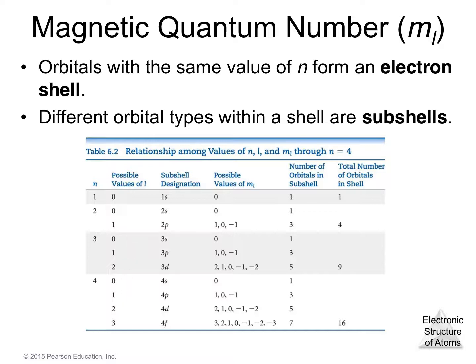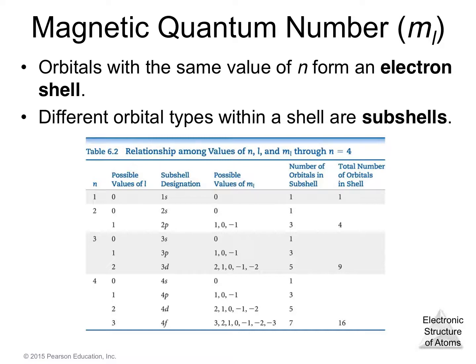If n equals 1, there's only one possible value for L, and it's 0. If n equals 2, L can be 0 or 1. If n equals 3, it can be 0, 1, or 2. And if n equals 4, it can be 0, 1, 2, or 3. So L can go up to n minus 1.